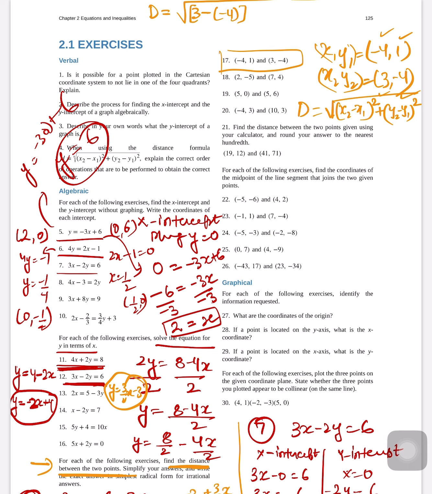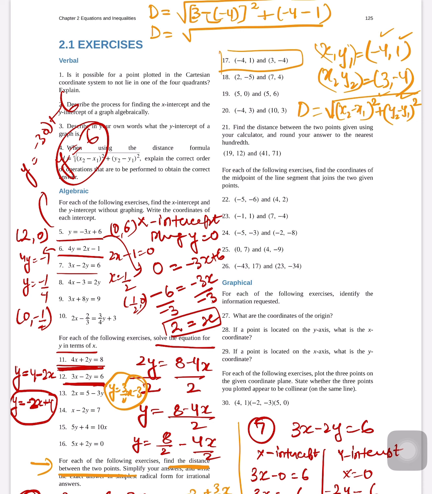Always put parentheses around the negative terms. It will be easy for you to calculate, and there is less probability of making a mistake with the sign. So next is y2. The value of y2 is negative 4, so I put negative 4, minus y1, and the value of y1 is 1, so I put 1. It's positive 1, so no need to put the parentheses. You can put it, but it's not required.